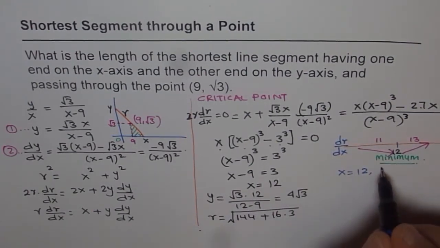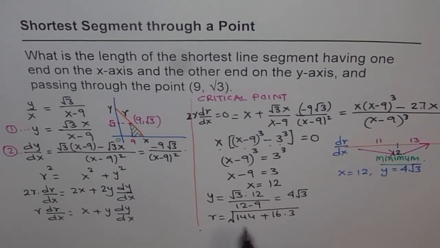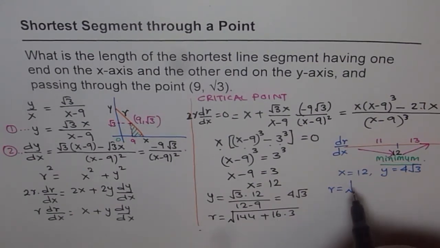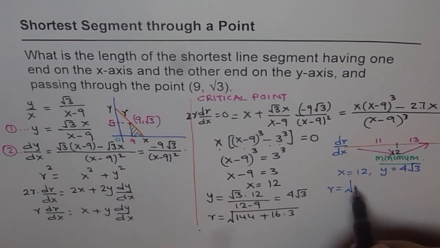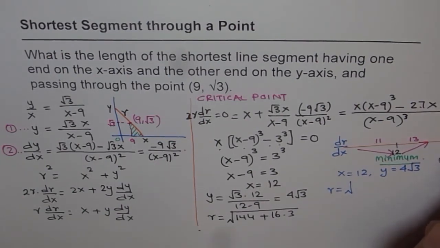We calculated the y value as 4 square root 3, and now we are calculating r. r equals the square root of 144 plus 16 times 3, which is 48. So 144 plus 48 is 192.